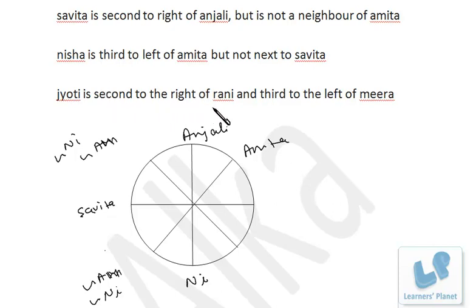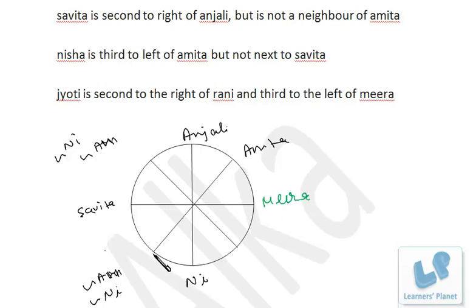Okay. Now next is Jyoti is second to the right of Rani and third to the left of Meera. Now third position in the left can be, if we take from here, so first, second, third, right? This position is open. Then if we take over here, then the third position is not open, right? So Meera must be at this position and first, second, third position.